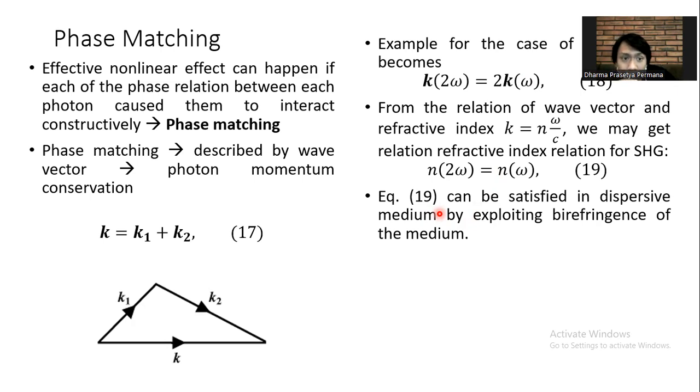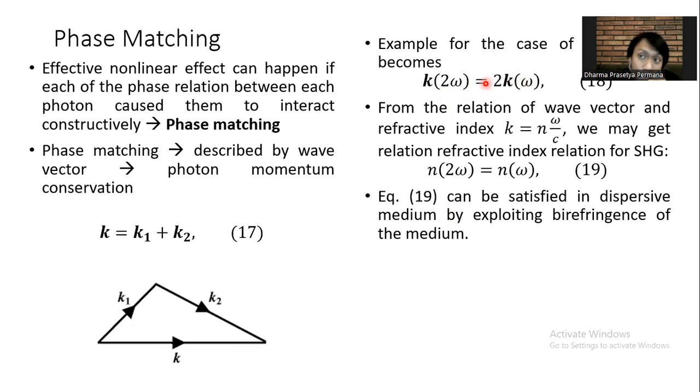So, for example, in second harmonic generation, the wave vector of omega 2 must be equal to twice the wave vector of omega, right? Like this.